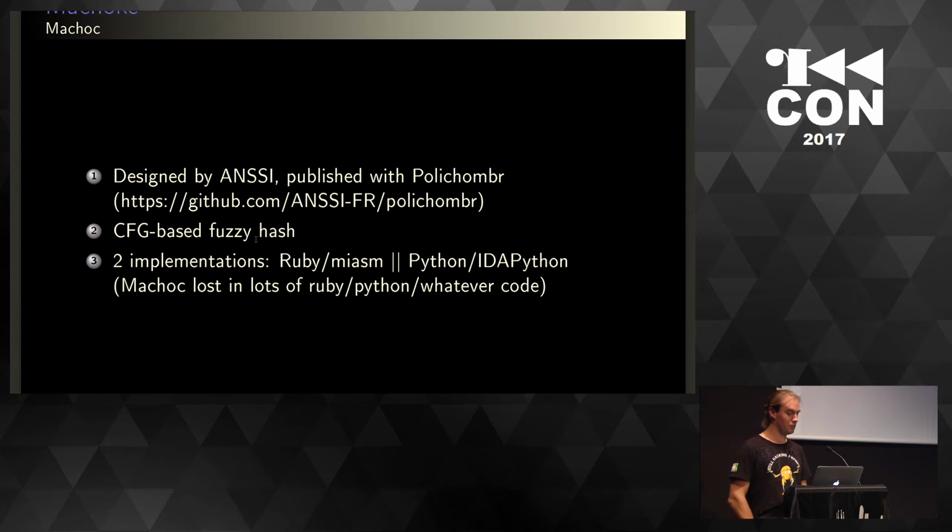One implementation is in Ruby, the other is in IDA Python, and they are lost among lots of Ruby, Python and other languages, including Perl. So it was not very easy to use at large. That's why we tried to re-implement something else.